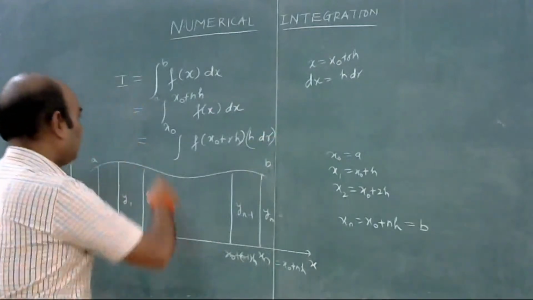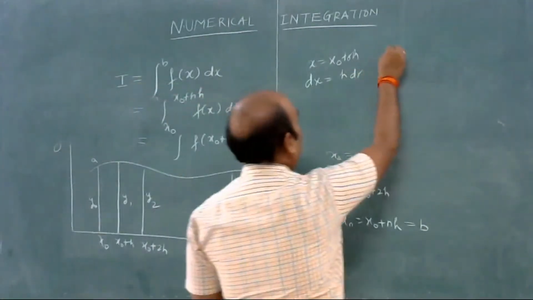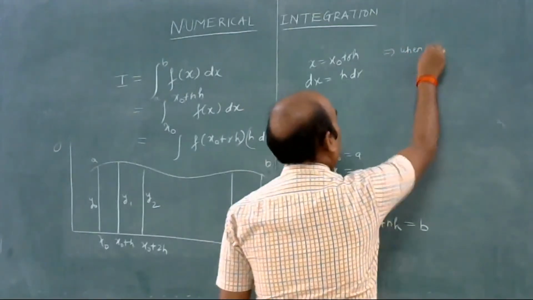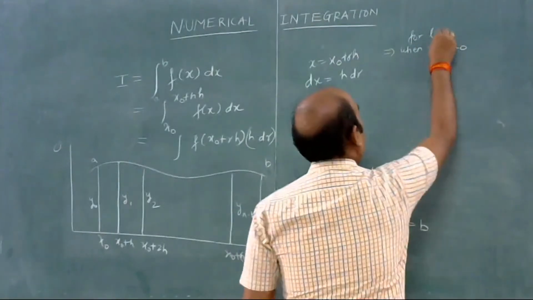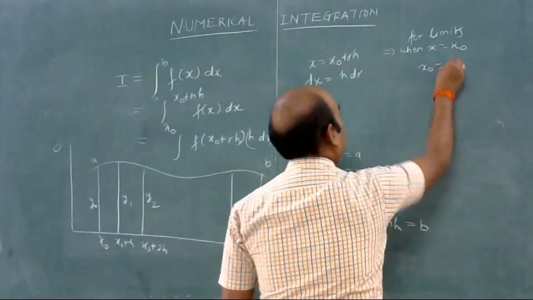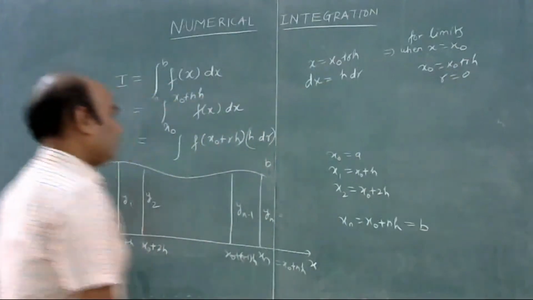Okay, so what will be the limit? When x is equal to x naught, for limits, x naught is equal to x naught plus r into h. So r will be equal to 0.